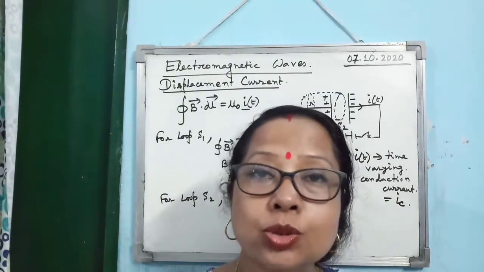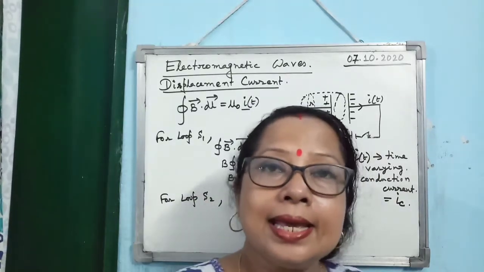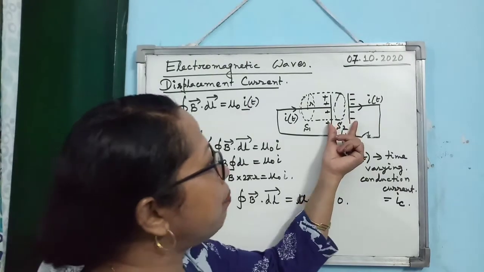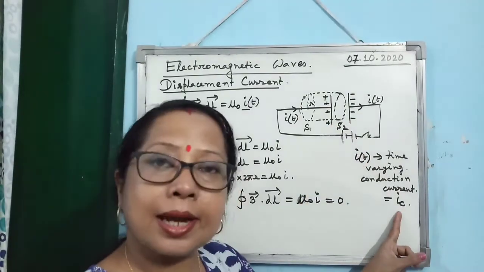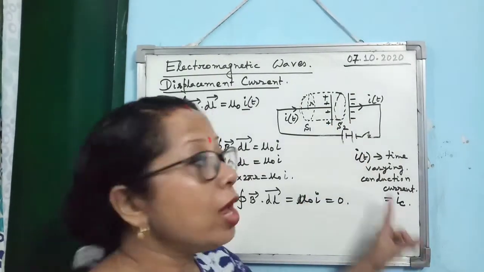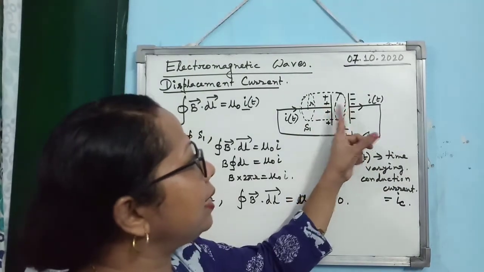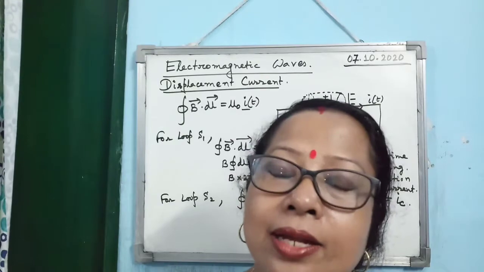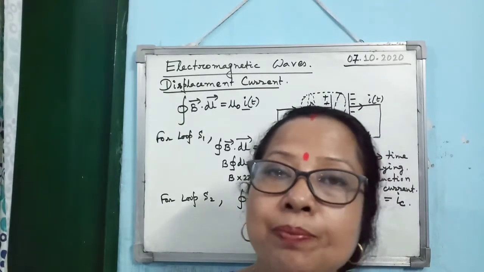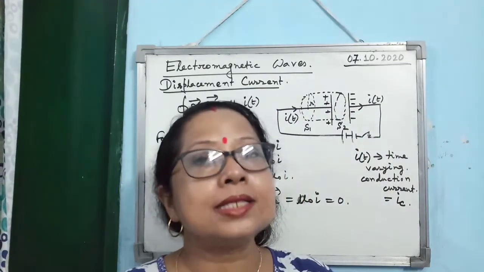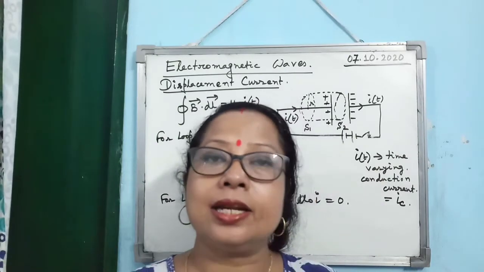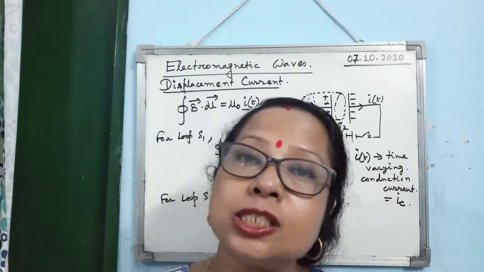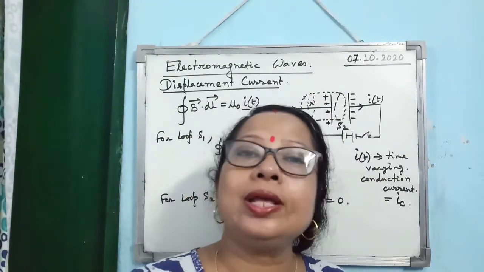Alright, so what did Maxwell say? He said that between the plates there is no conduction current. Conduction current is 0. But between the plates there is displacement current. And how is the displacement current coming between the plates?